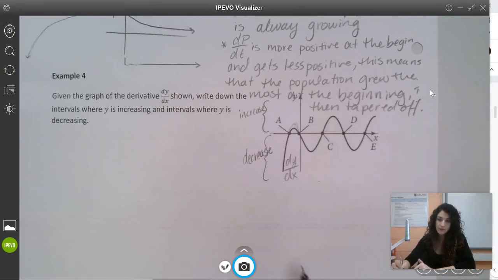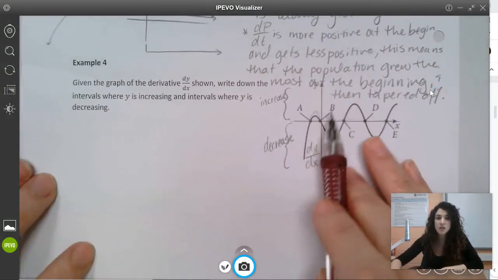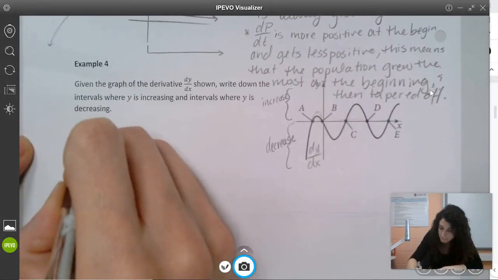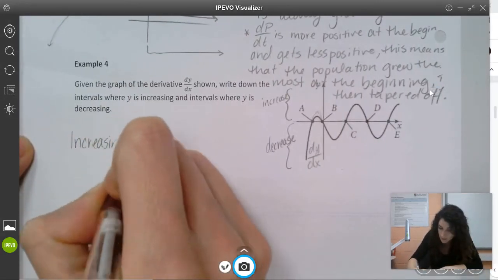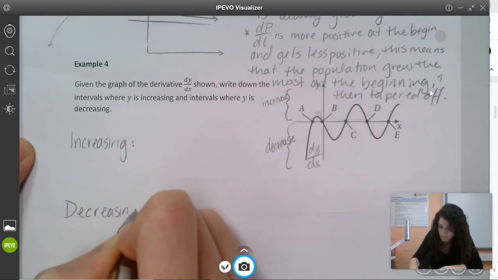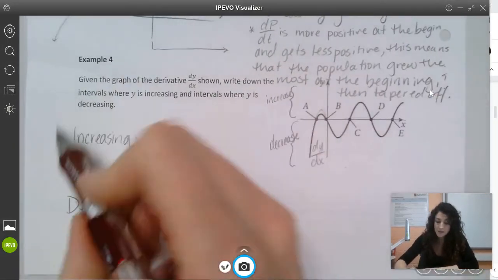Okay, so I want you to go ahead and take your best guess, just using the variables, of where it is increasing and where it is decreasing. So fill in the blanks as you see them.